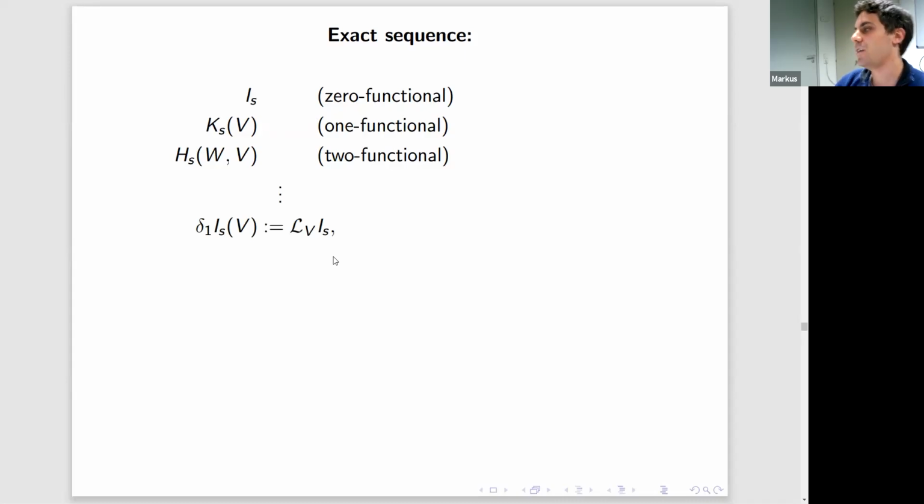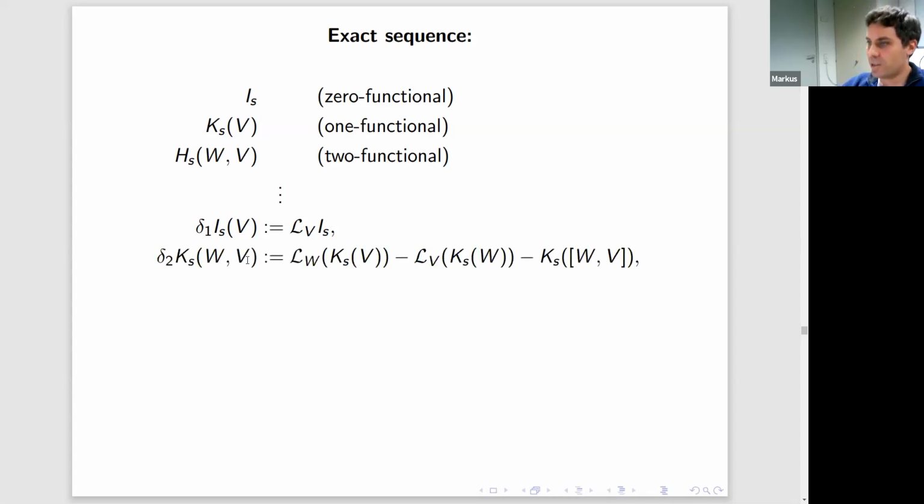And then you can define a kind of exterior derivative, in the same way as for differential forms. For zero functionals, you just define it as the Lie derivative of the functional, or the first variation, and this delta here would then be the definition. So if you define it for all vector fields with this additional assumption of being vertical and having support in pi minus 1 omega, then you get the definition of this operator.